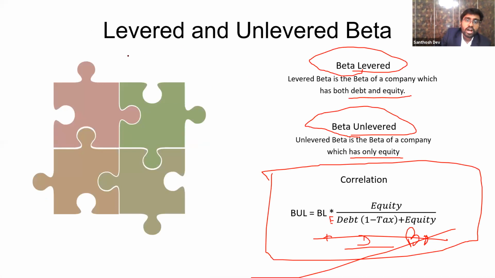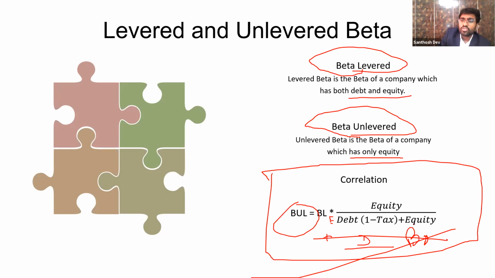How do you lever beta when the equity or net worth is negative? When you say net worth is negative, you are saying your equity value itself is negative. This beta unlevered component, you can very well do it, sir.